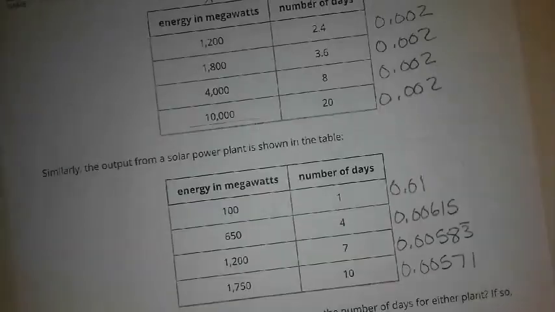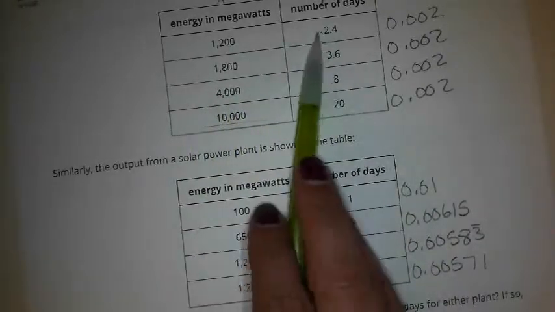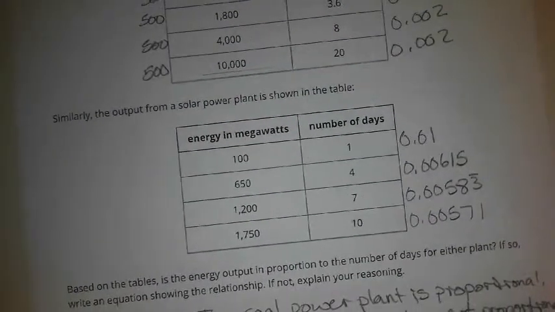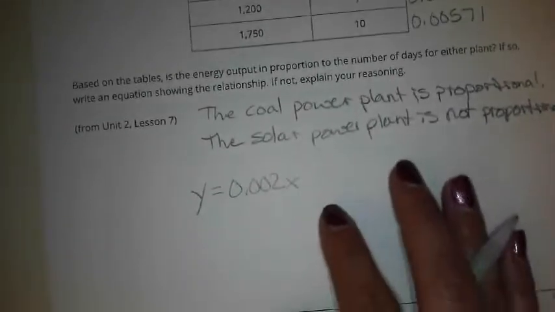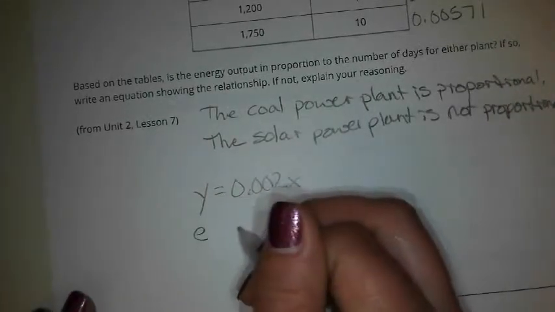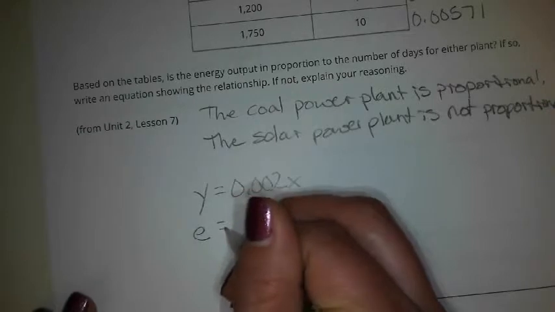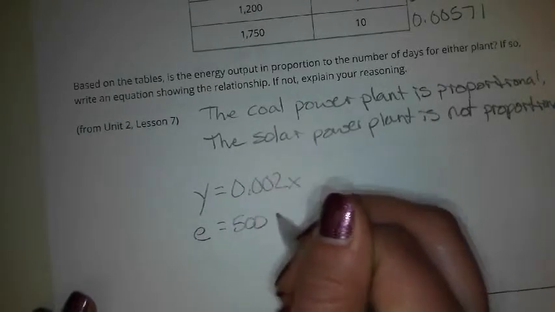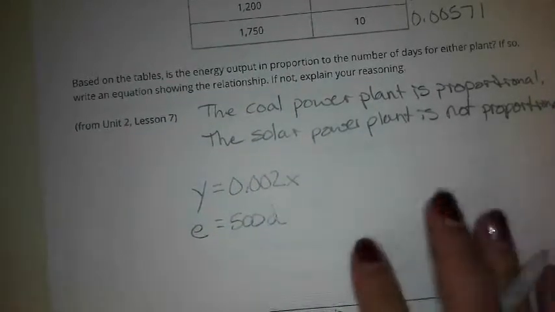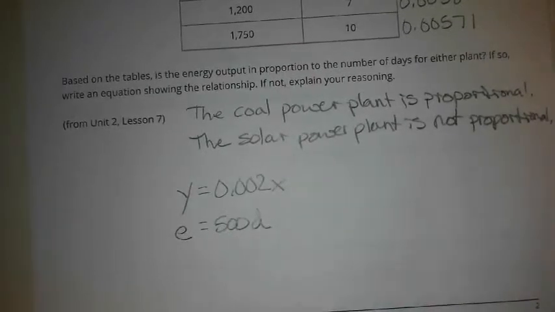Now if I had divided the other way, I would have gotten 500 each time. And that's going the other way, so I could also have the equation of my energy equals 500 times the number of days. Either one of these would be the constant and it would work.